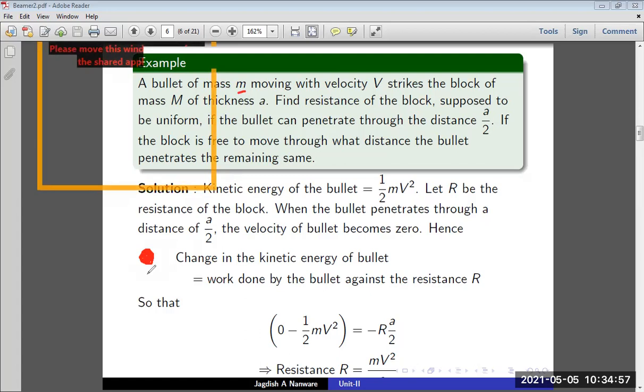So this is the mass of the bullet, okay, and this bullet is moving in this direction, whose velocity is denoted by capital V.